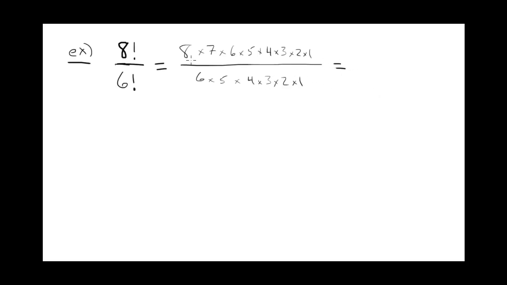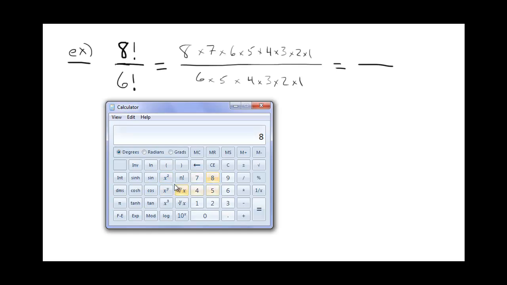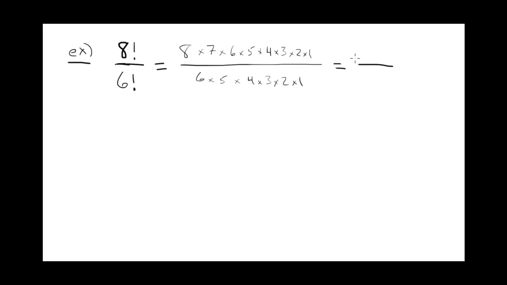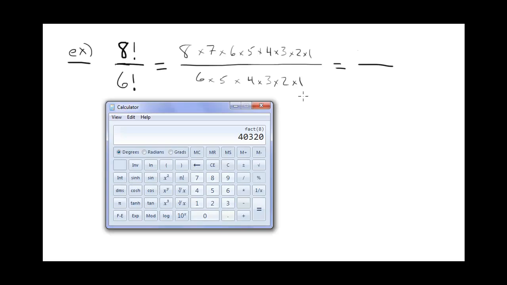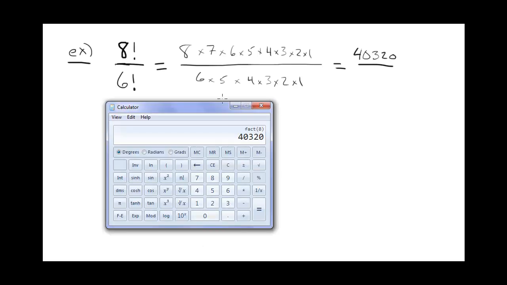Now if you want, you could just multiply all these numbers, get an answer on top, and divide it by all these numbers multiplied together. If you have a calculator, that's probably not that big a deal, right? We go 8 factorial, 40,320, divided by 6 factorial, so 720.